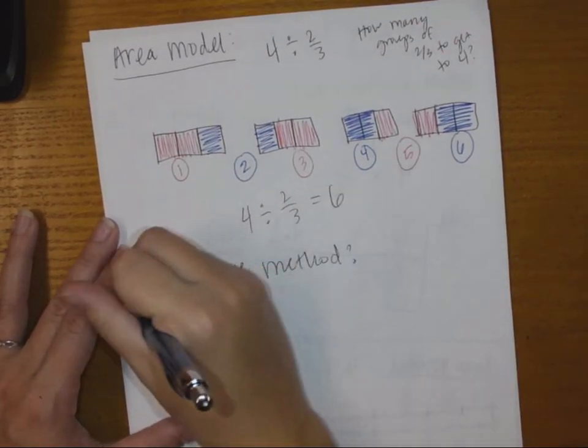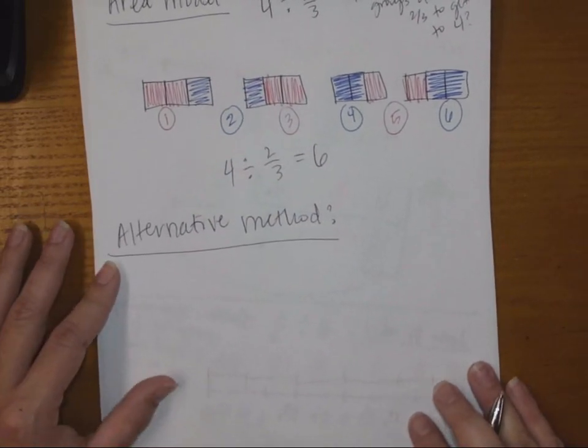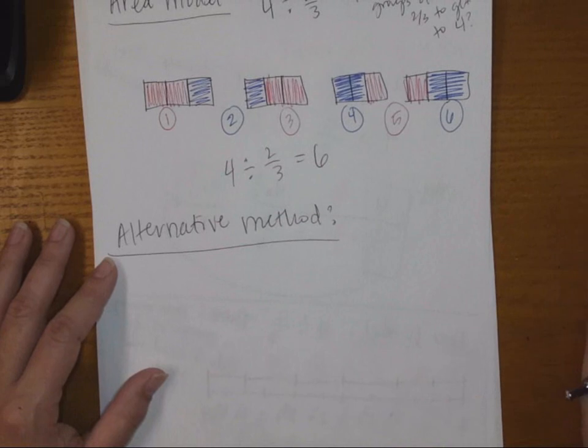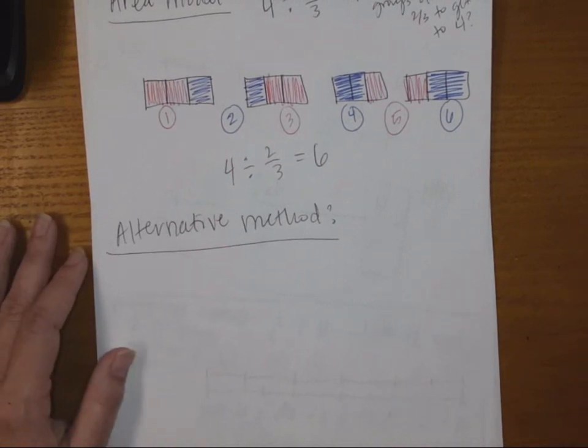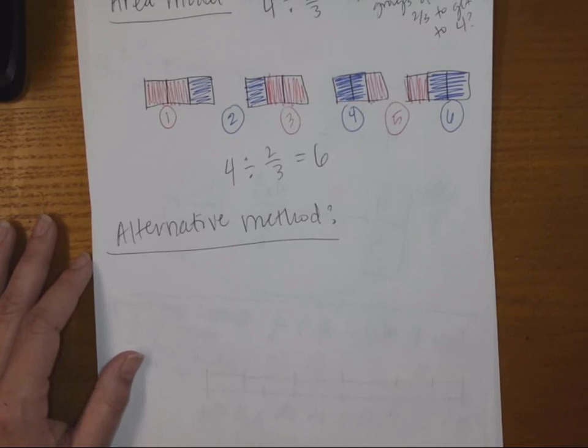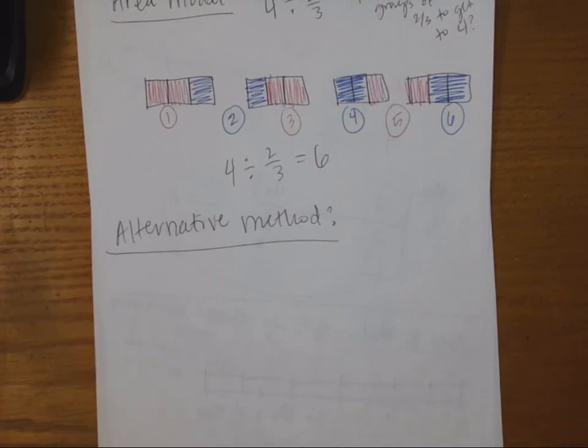I know some homeschool curriculums use this alternative method, and I think it's shown in most classrooms. So just be aware that depending on your curriculum, you may be doing things differently than the way you were taught, and that's okay. The goal of this class is to give you a toolbox of different ways to teach things, and also to open your mind that there's more than just one way to do a math problem.